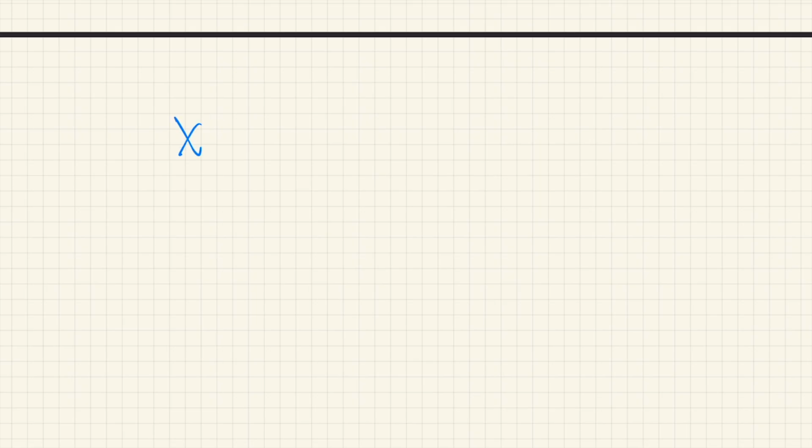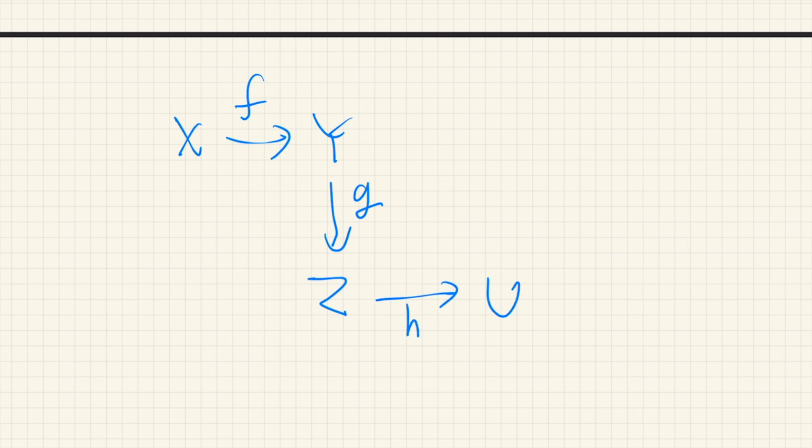Diagrammatically, this can be written as, so X to Y by f and Y to Z by g and Z to U by h. So if we first compose g after f, then we get this arrow, g after f. Then after this we apply h.